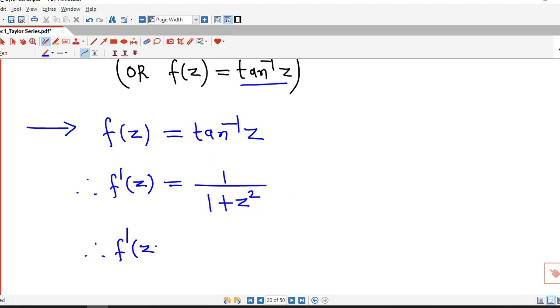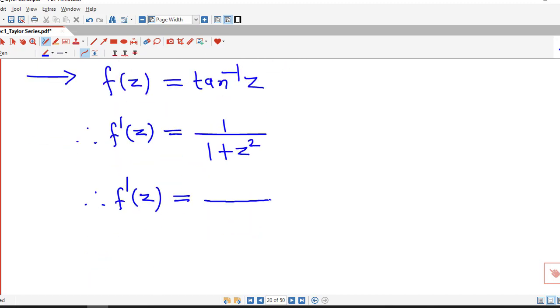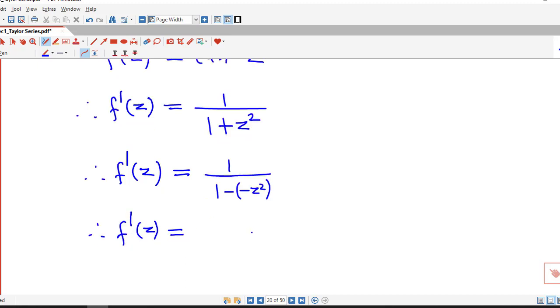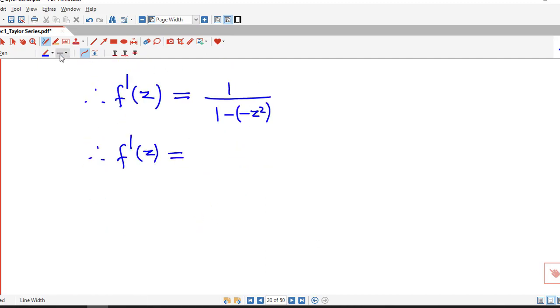As we have done in the previous problem, to find the Maclaurin series of 1 over 1 plus z square, we write it like this, and then we use the Maclaurin series of 1 over 1 minus z.